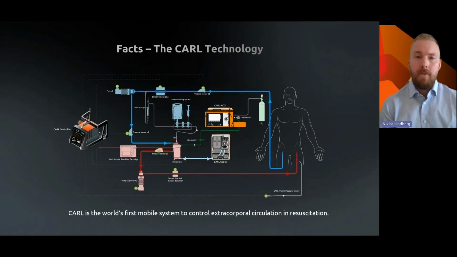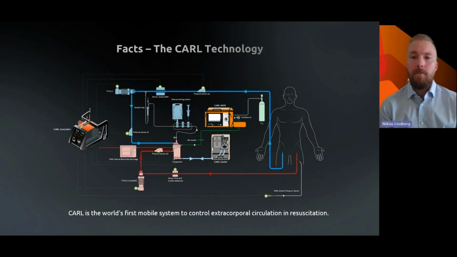And now we are coming to a schematic animation which explains the slight difference from CARL compared to a conventional ECMO system. If you follow the blood flow on the venous side, the blue side, then you come to pump 1. And here, all the way to the oxygenator, it looks very similar to conventional ECMO.